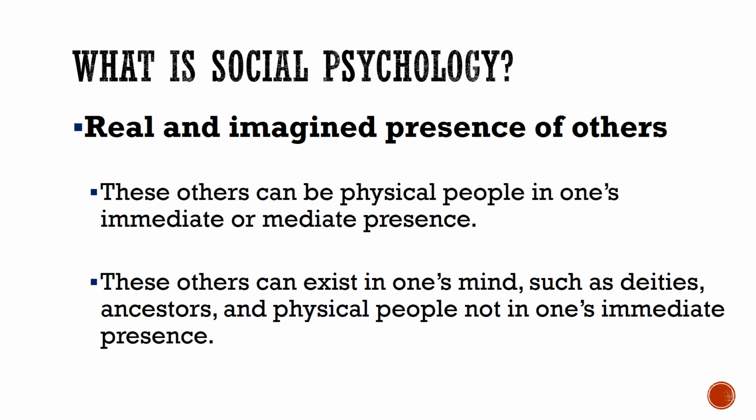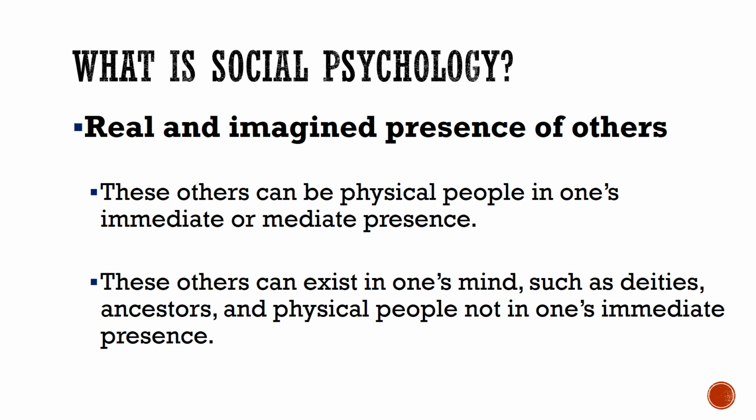The presence of physical others greatly influences people's behavior, thoughts, and feelings. For instance, I am influencing in some way your behavior right now, since you probably wouldn't be behaving in the way that you are right now if you weren't in my mediated presence.